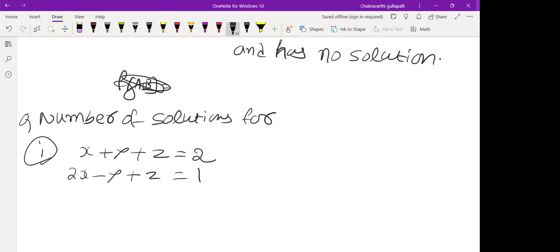As I said, when asked how many solutions, generally students, if they memorize without understanding, will write many solutions. Why do they write many solutions? I told them: 2 equations, 3 unknowns. Unknowns more, equations less. Therefore, many solutions. Intelligent students will write that, which is not correct. Where did I say that?